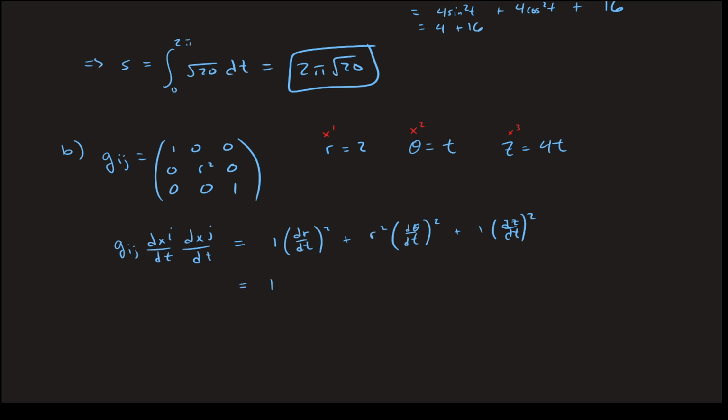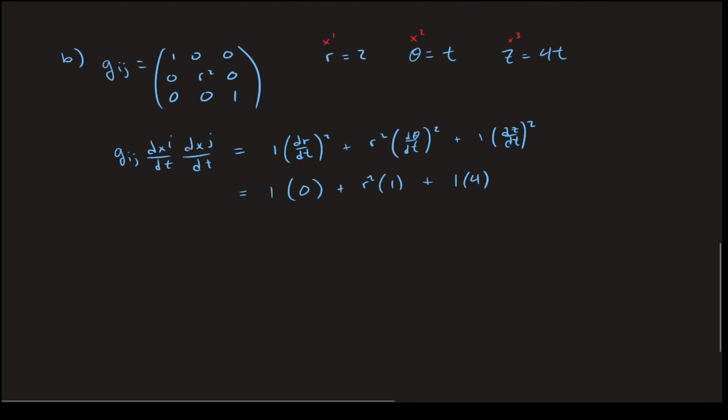Which will be 1 times 0 plus r squared times 1 plus 1 times 4. So, but what is r? Here, r is 2.